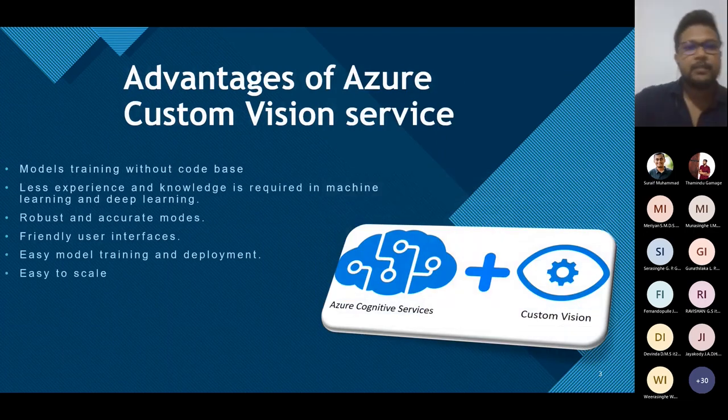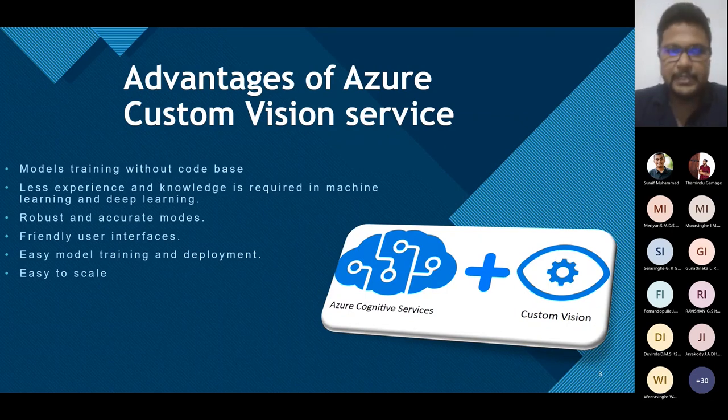So the advantages of using Custom Vision. Most of these things we have already discussed. We can train a model without a code base. As I mentioned, we don't need to write so many lines to predict or use algorithms in machine learning.